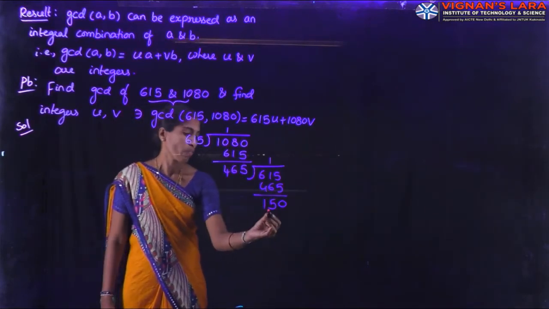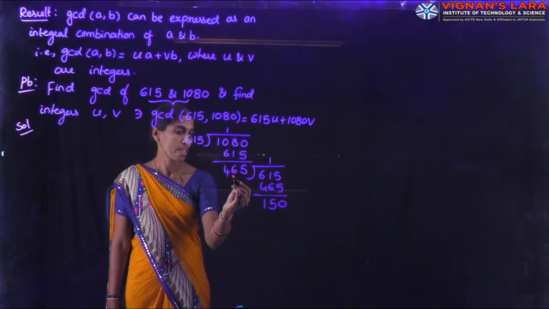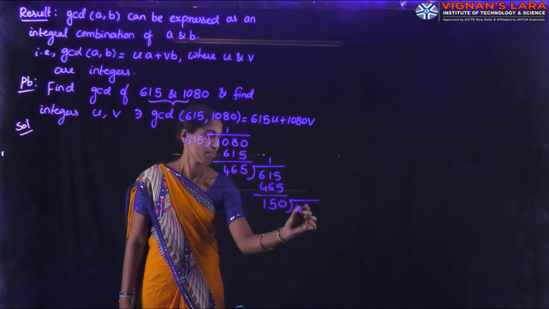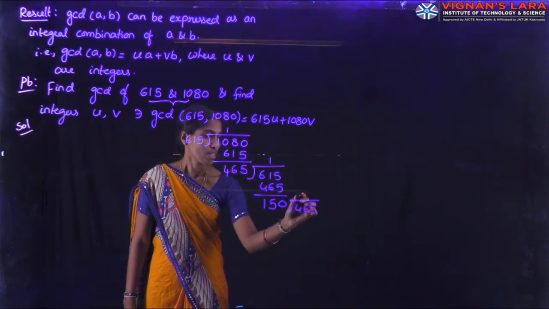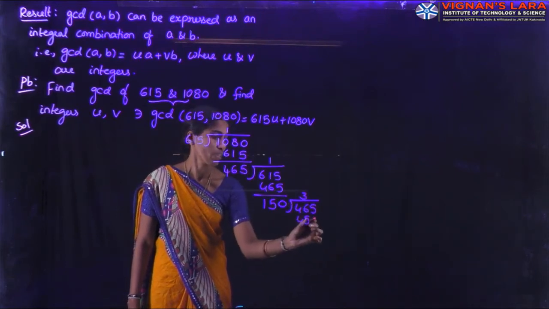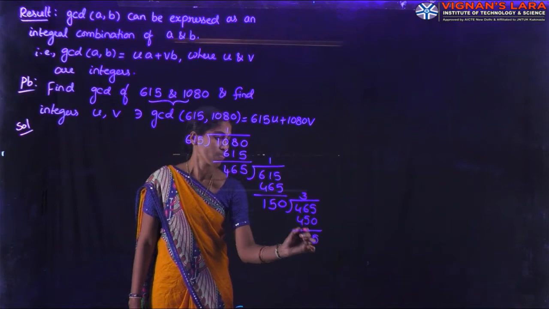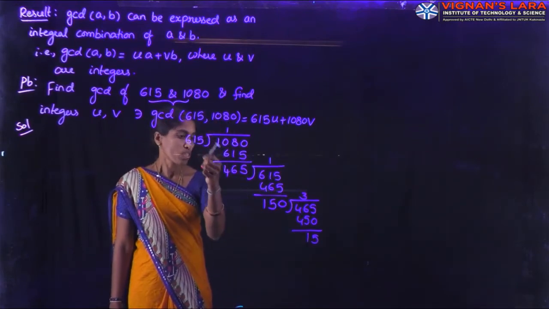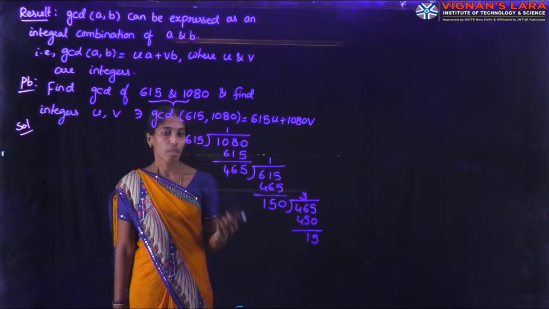Again we need to divide the previous divisor 465 using this remainder. It is 3 times 450, 6 minus 5, 1. Again we need to proceed like this until we get the remainder 0.